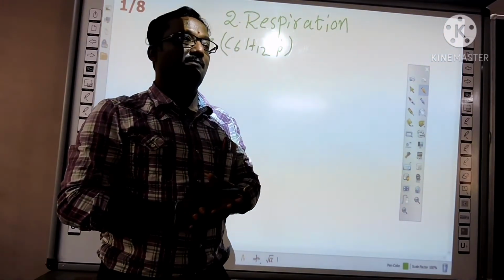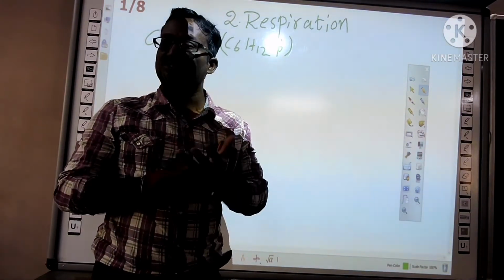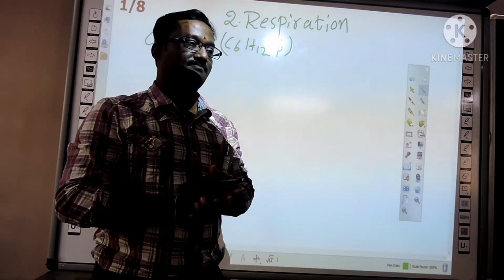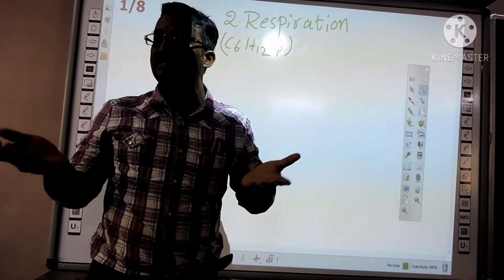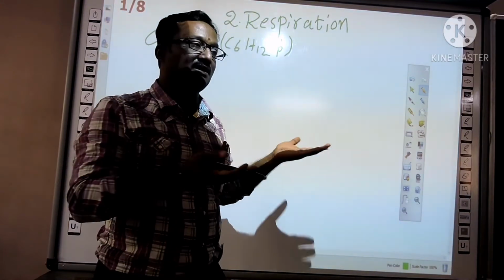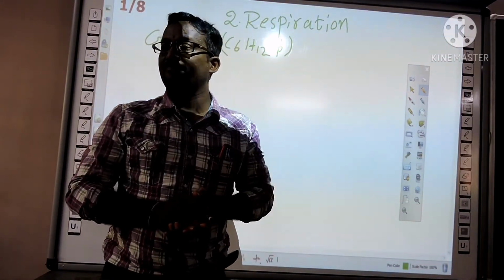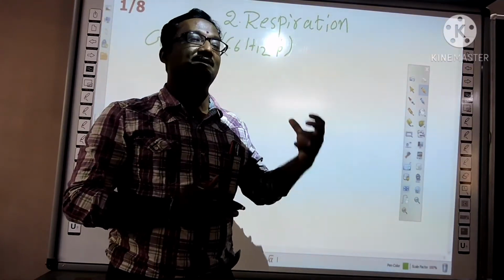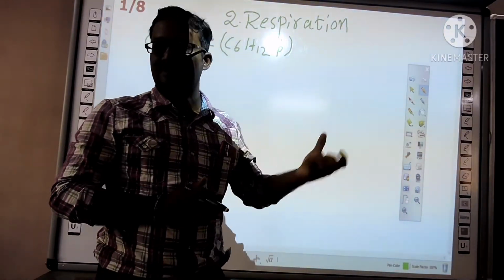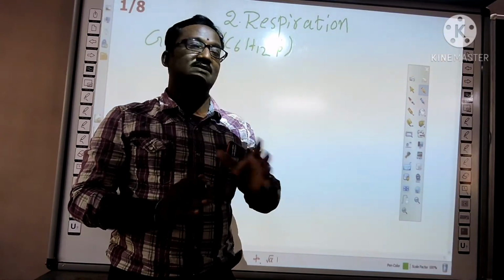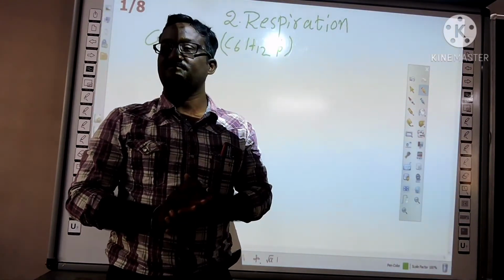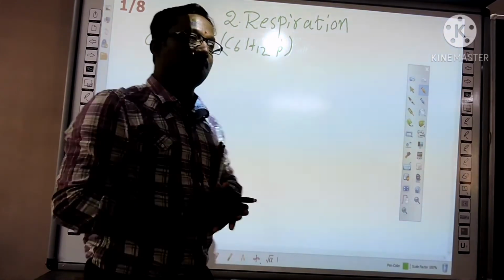So for the process of respiration, glucose and oxygen should reach every cell in the body. How does glucose reach them? We already discussed this in the nutrition topic. The digested glucose is absorbed into the blood, which carries it to every cell. Now oxygen. How does oxygen reach the cell? Let us see that.